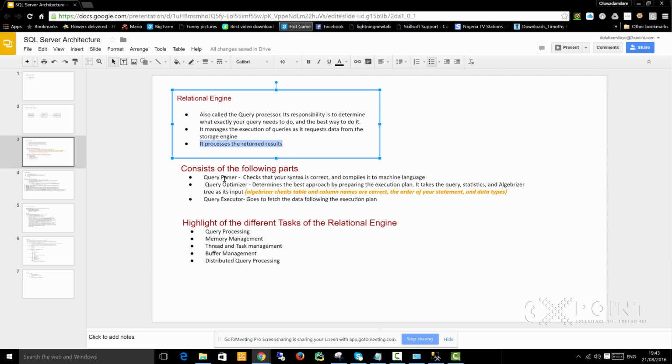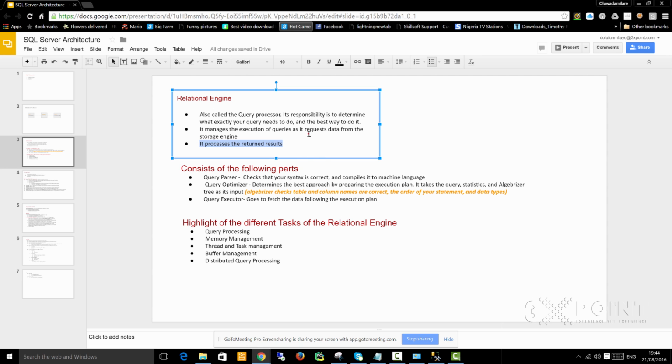So I missed this last part. It was on purpose because I needed to quickly talk about that. The last bullet point here says it processes the returned result. So even when you write your SQL and send it to the storage engine, which we'll talk about soon, the result that is presented to you is processed by the relational engine itself.